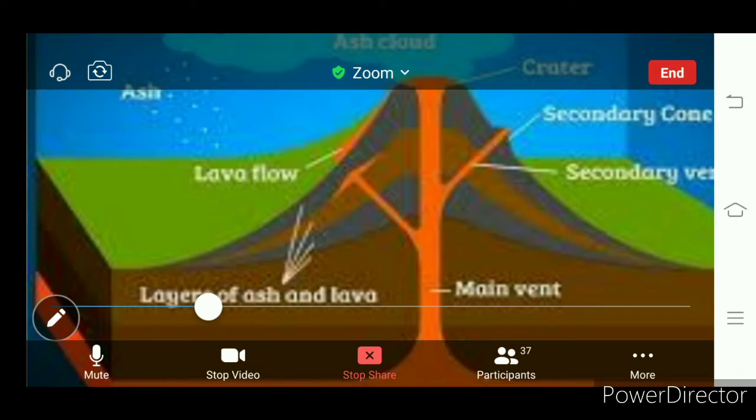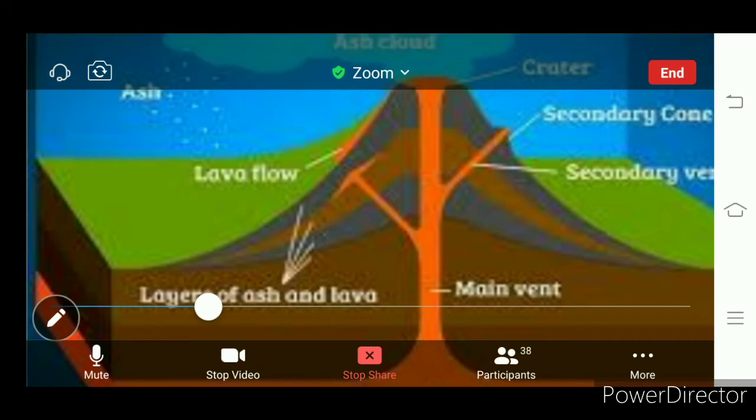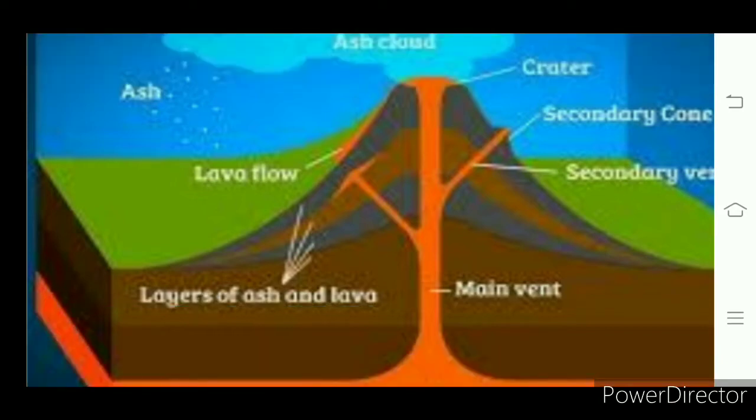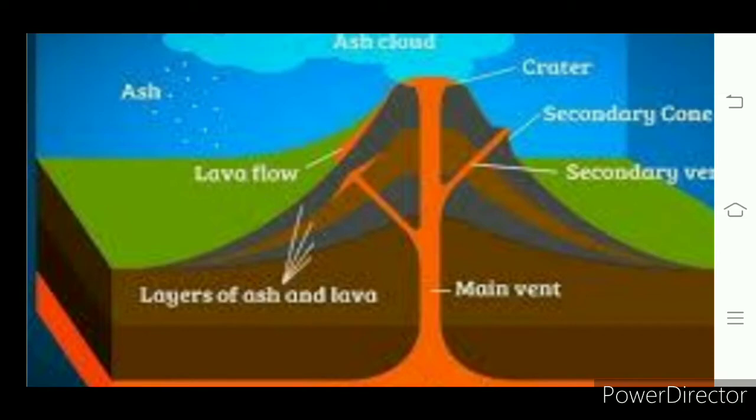Along with that, smoke, ash, and dust erupt out, reach higher places and fall down when they become cool. You know that the temperature is lower on the earth's surface when compared to the mantle, where there is a high temperature.